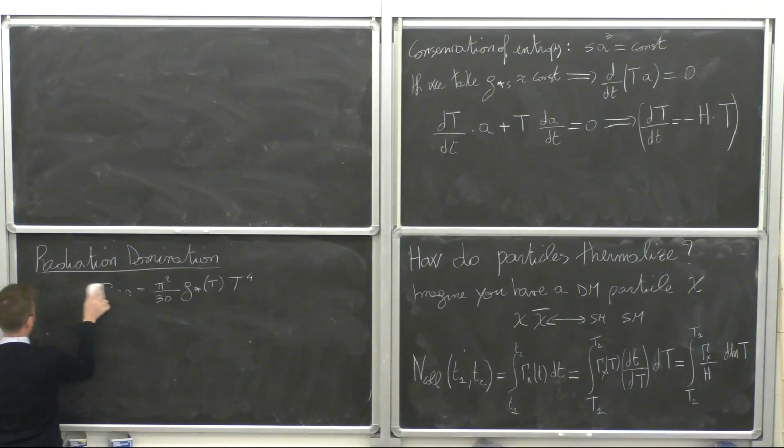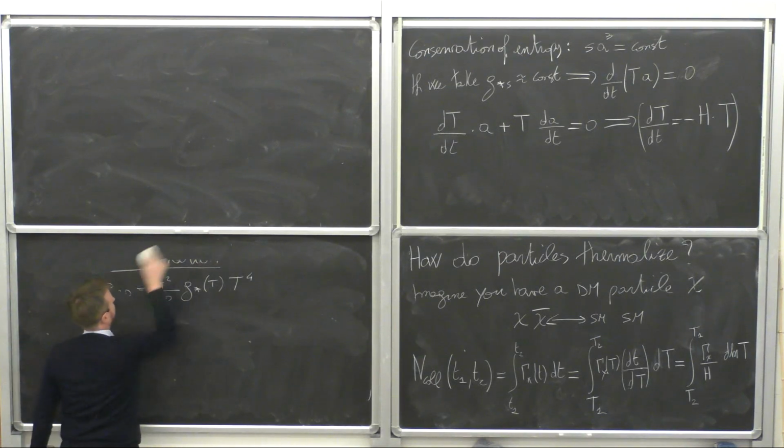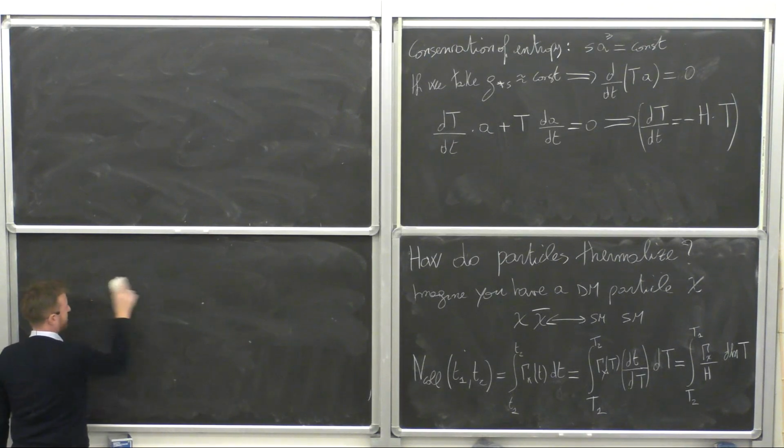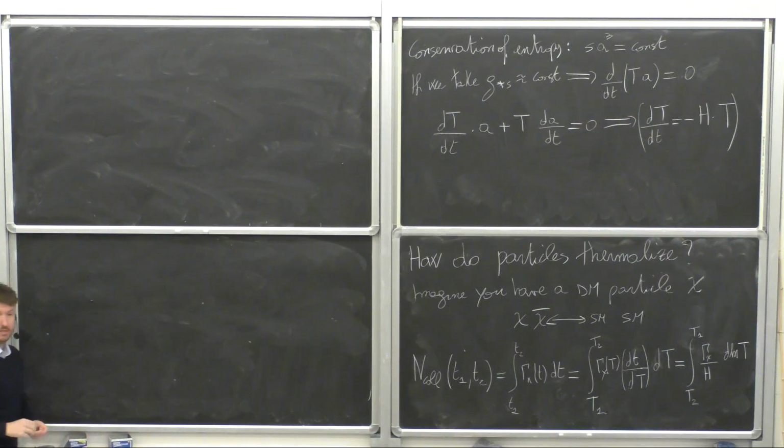Okay, now imagine that you take T1 and T2 not too far away from each other, okay? So you consider two consecutive moments that are not much far away from each other.